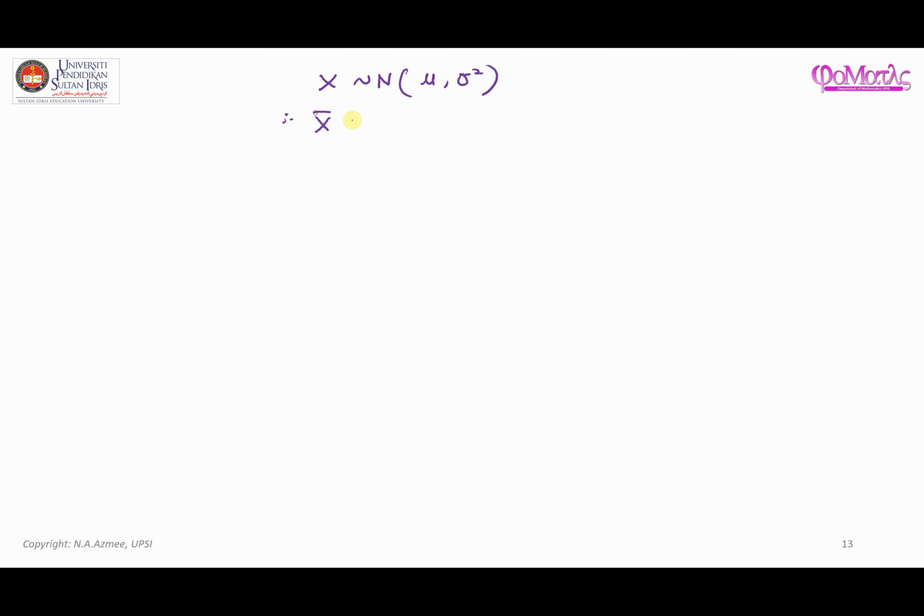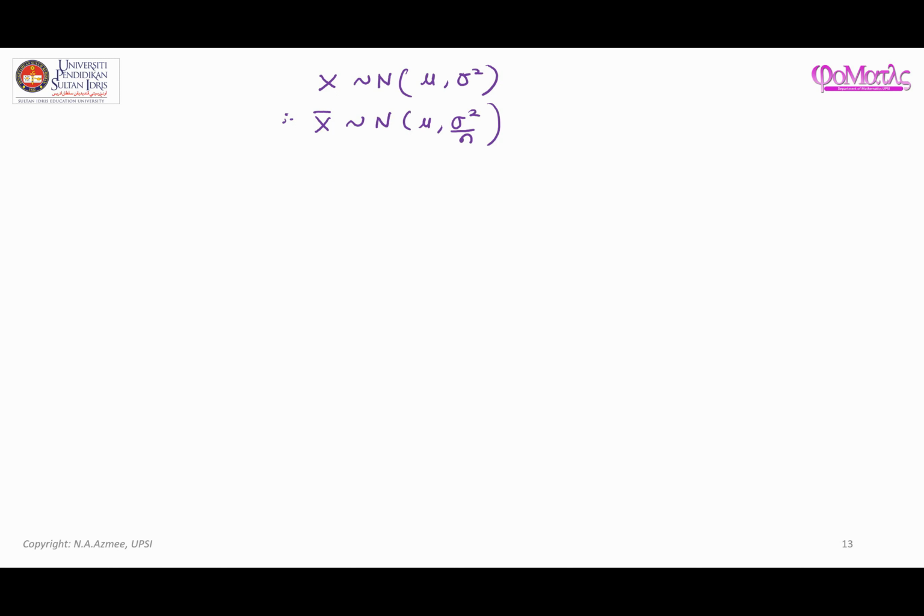Therefore, x bar will be automatically normal as well with mean mu and sigma squared over n. This is the variance. Well, by having this, we can easily answer probability questions about x bar.